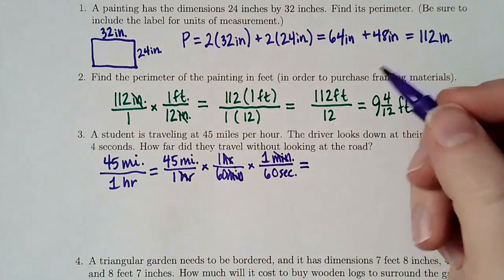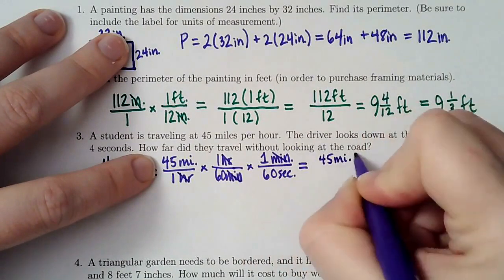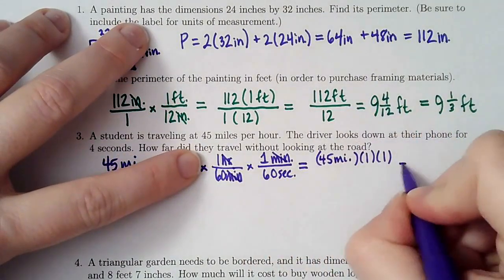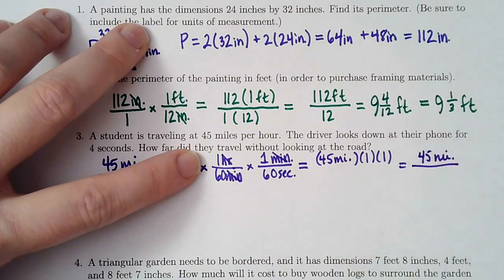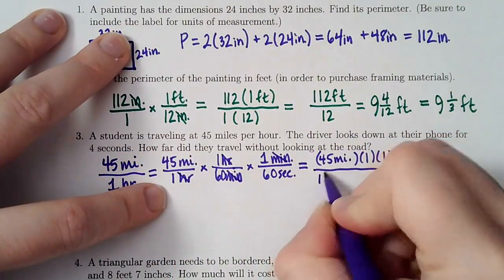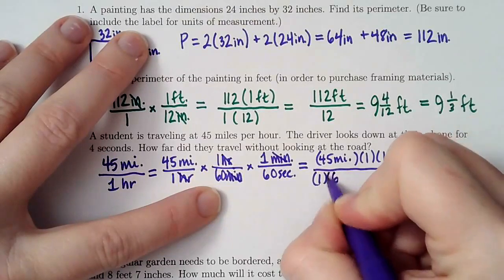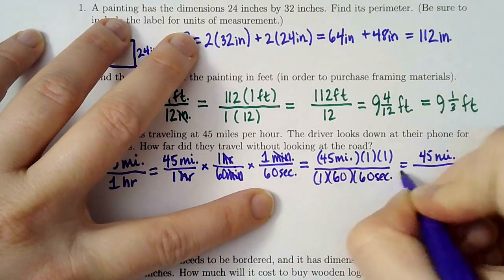So when I look at this numerator now, I see 45 miles times 1 times 1, which is 45 miles. In this denominator, I see 1 times 60 times 60 seconds.